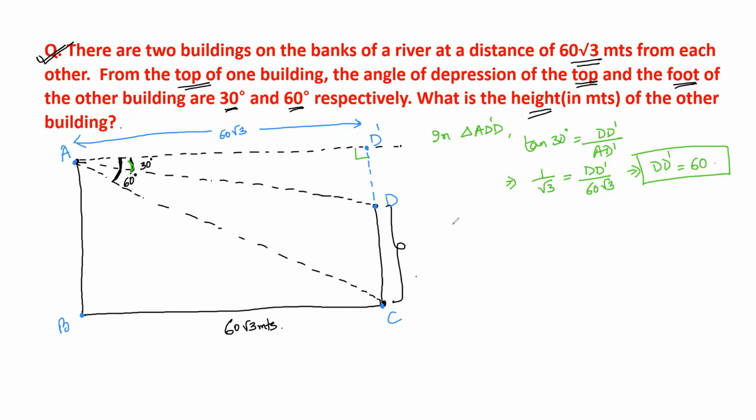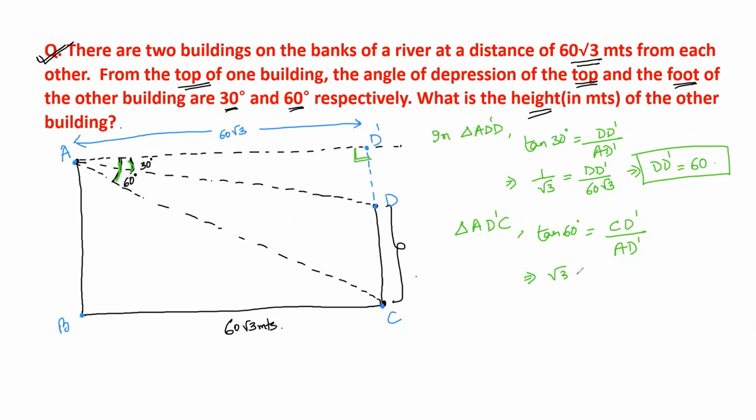In a similar way, if we consider the triangle A D dash C, again, this angle would be 90 degrees. This angle is 60 degrees. So from here, tan 60 can be written as perpendicular upon base, which would be C D dash upon A D dash. Now, tan 60 degree value is root 3.